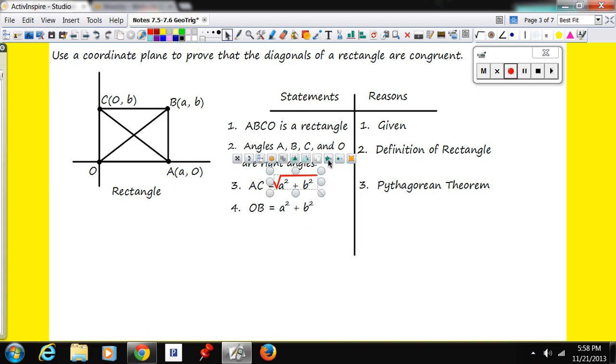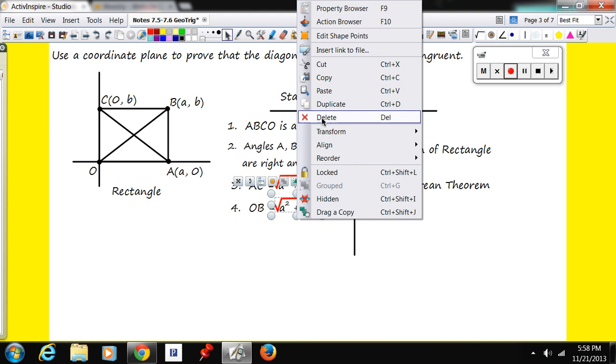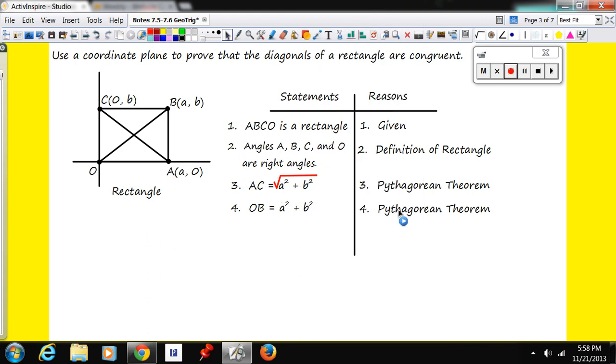So let me duplicate this. That's not what we want to do, so let me get rid of that for a second. Let's put this one. Okay, so we want that.